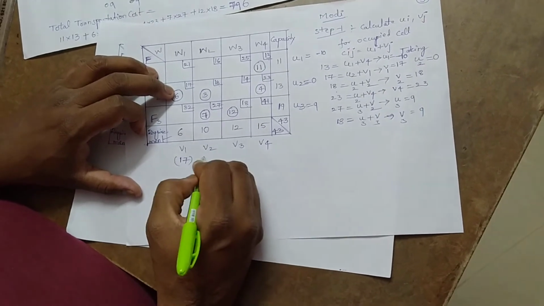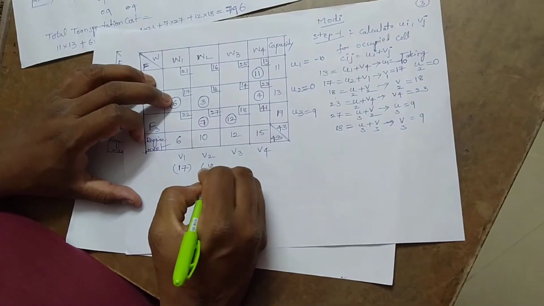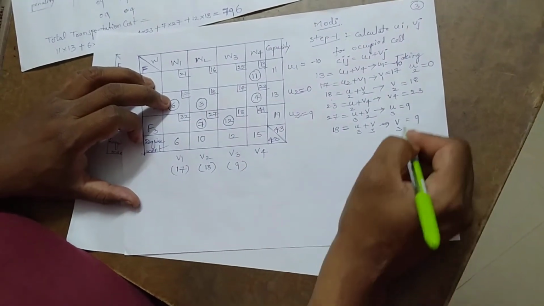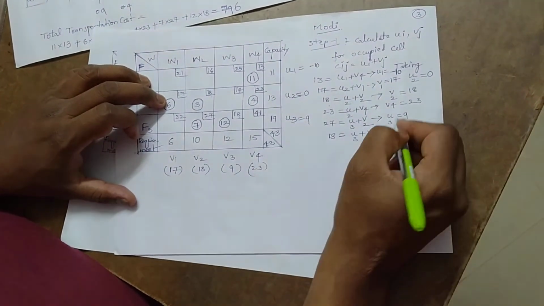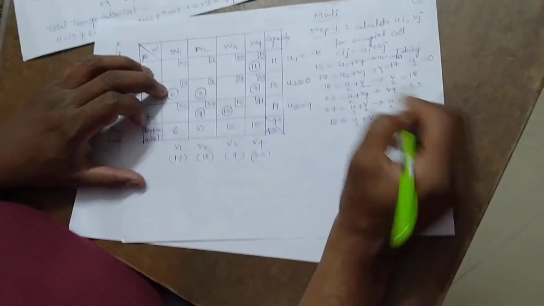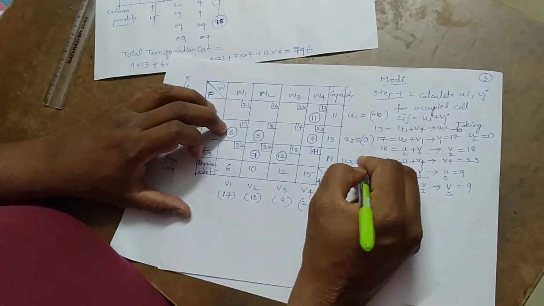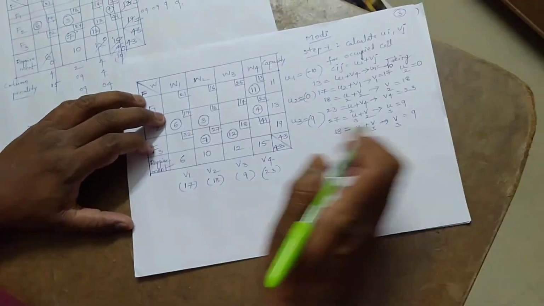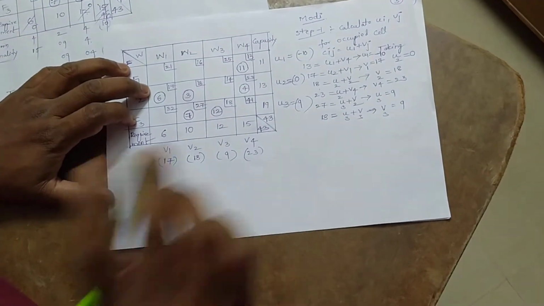Now v2 we got as 18, v3 as 9, and v4 as 23. Let us check v4 is 23 or not: u2 is 0 means 23. So u2 is 0, u1 is minus 10. Now step 1 is over. In step 1 we find u1, u2, u3 and v1, v2, v3, v4 values.